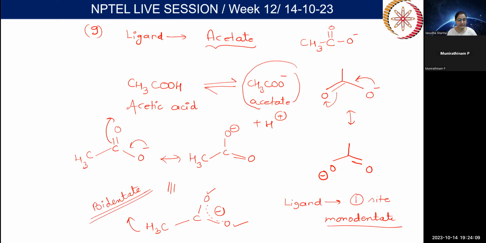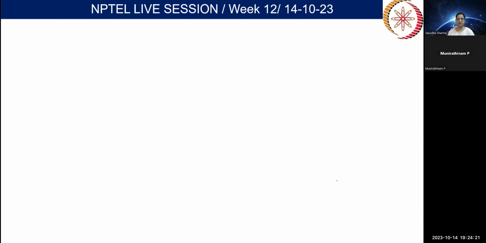Also, they can be bridging ligands because one particular system can bind with one metal, and that can also be bound with the other metal. So in this particular example, we have 3 iron coordinated with the acetate system. How are they coordinated? Firstly, we will form.